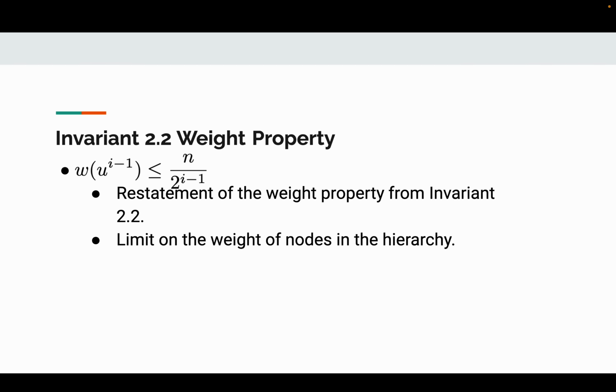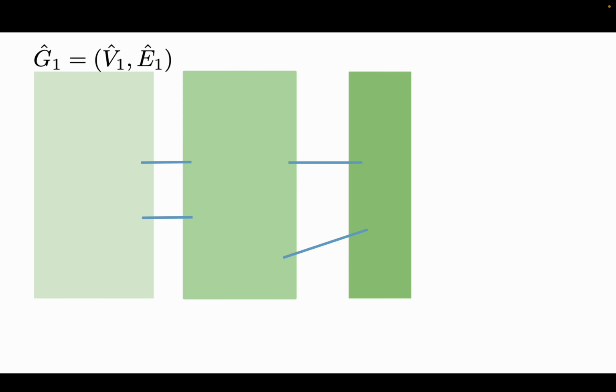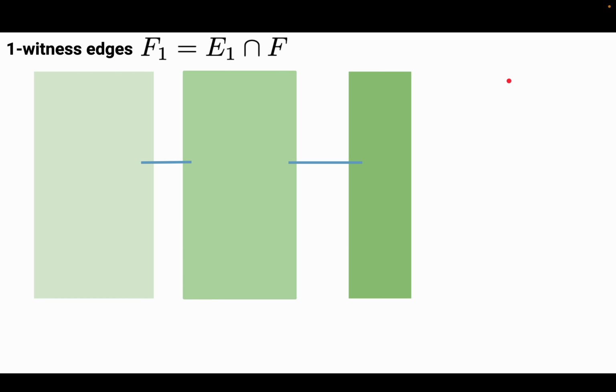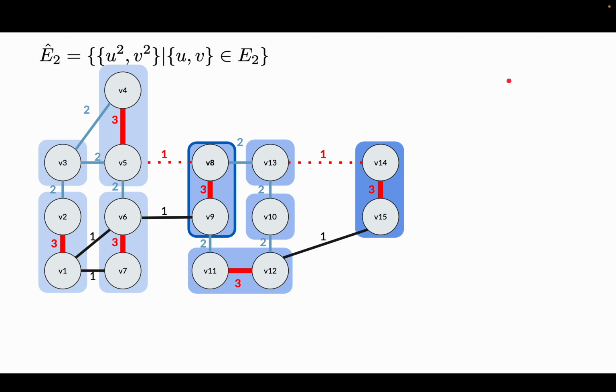So the restatement of this property is that the weight of the node ui minus 1 is at most n divided by 2 to the power of i minus 1. So this property ensures what? This property ensures that as we move up the hierarchy, okay, I should put the tree here. Move up the hierarchy, up. The size of the connected components becomes progressively smaller.